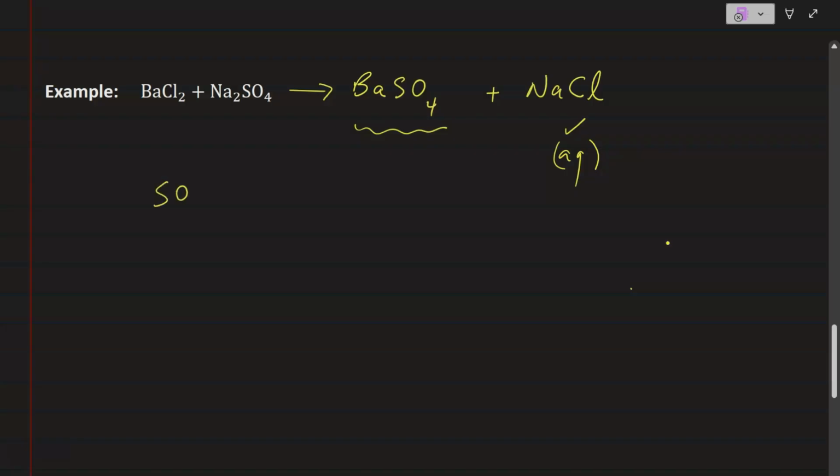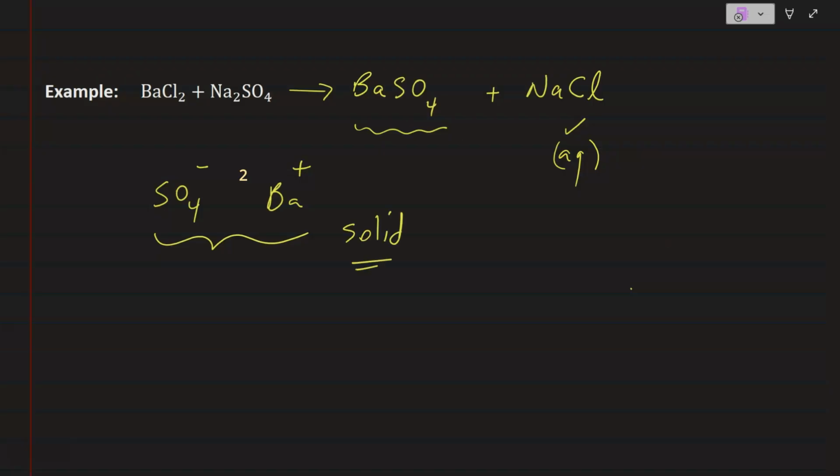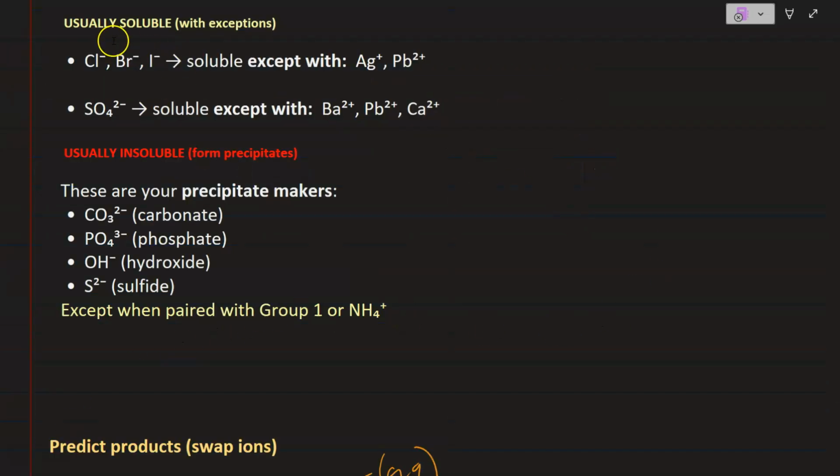If you have an SO4 negative, an exception was barium plus, these two are not soluble, a solid precipitate. So this would be S. And again, where did I get it from? I got it from the usually soluble with exceptions. Okay, here we go. SO4 2 minus, right? That's a sulfate ion, soluble except with barium 2 plus, and you got lead and calcium.